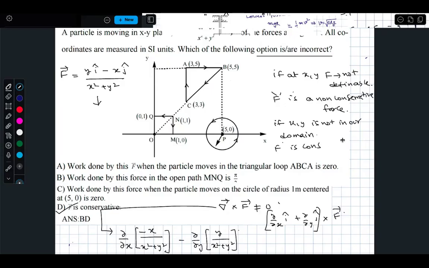Because if the same question is given to you tomorrow, how to answer? You should check whether x comma y is included in our domain or not. If x comma y is included, the problem is, put x equal to 0, y equal to 0. You cannot define f. If you fail to define f, it is a non-conservative force.